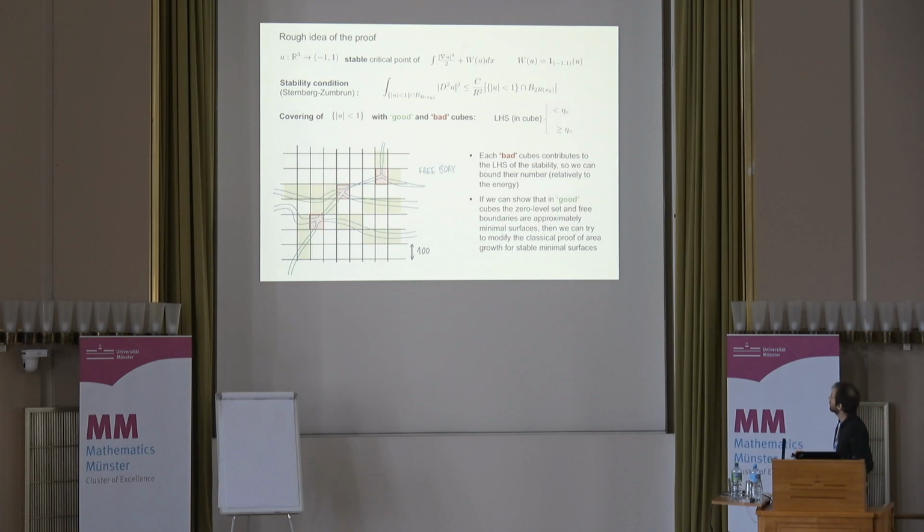This is a very simple idea. I'm not discovering it. And then the idea would be, if we can show that in some sense, in the good cubes, because here there is no hope, the surface really looks like and behaves like true minimal surfaces, so they are really a perturbation of minimal surfaces, hopefully maybe you can use the proof or a modification of the proof of Pogorelov, the proof of the area bounds for minimal surfaces, taking into account these bad cubes as errors in some sense, and then you can make it work, right?